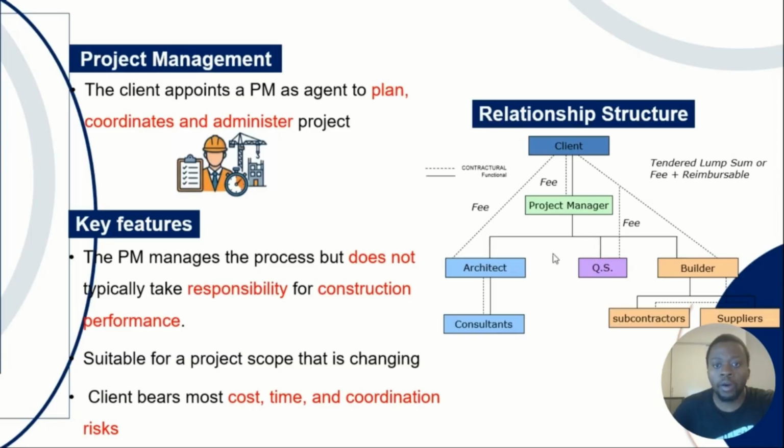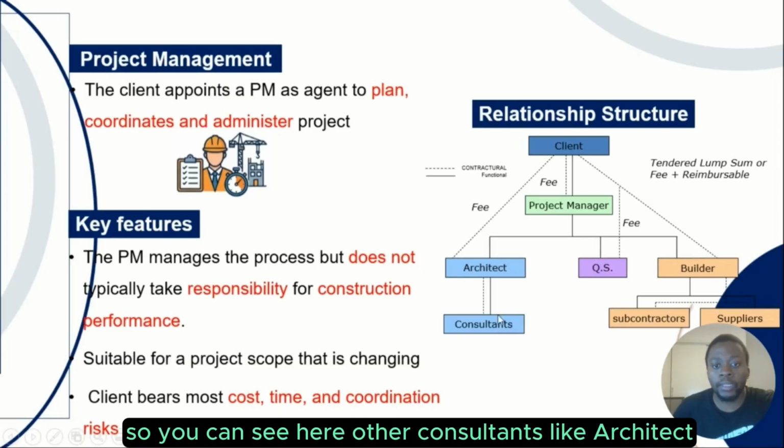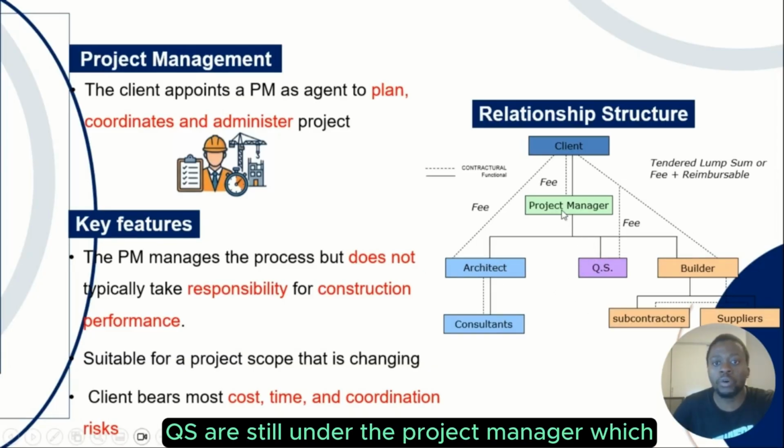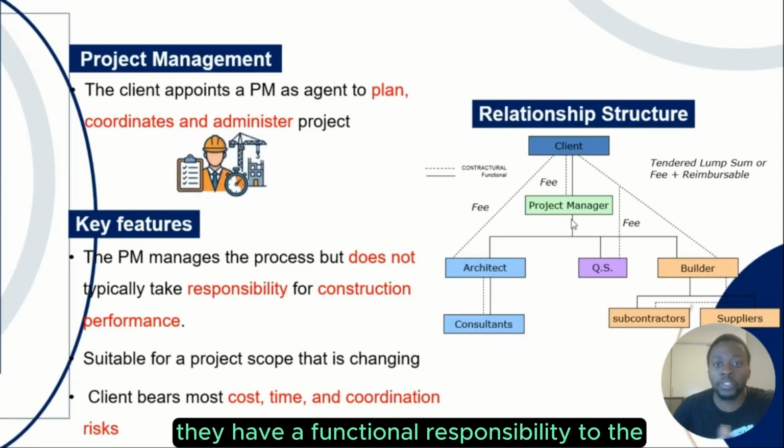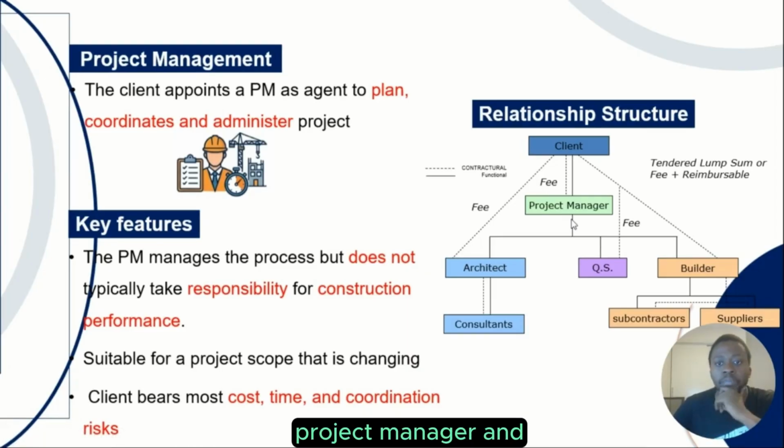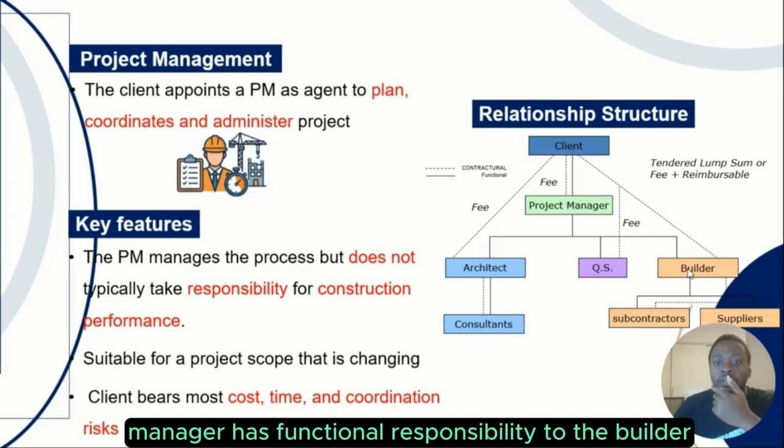So you can see here other consultants like architects and QS are still under the project manager, which they have a functional responsibility to. And you can see here also the project manager has functional responsibility to the builder.